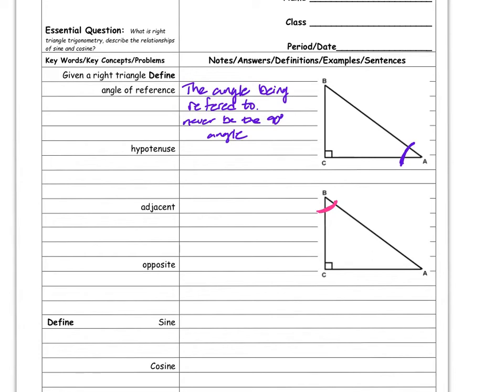Hypotenuse, most of you guys should know what this is since you've done Pythagorean theorem. So you should know which one is the hypotenuse. So here we go. It is the side opposite the right angle.